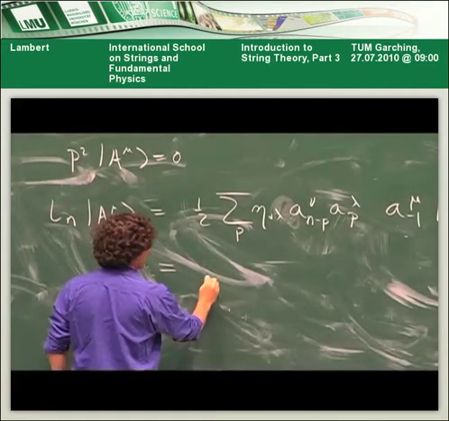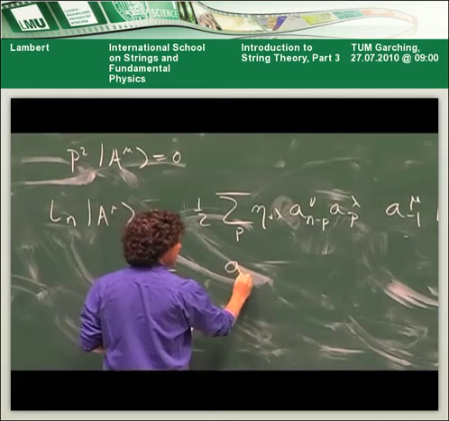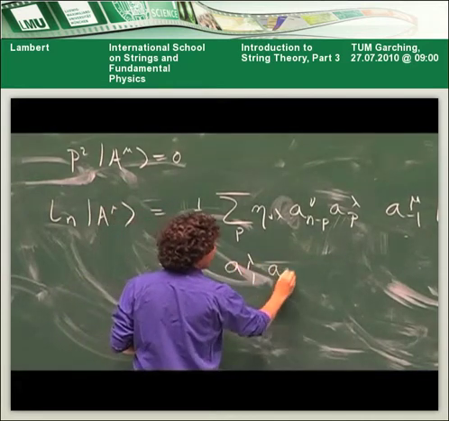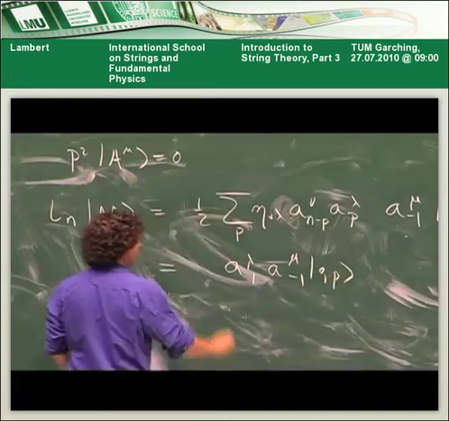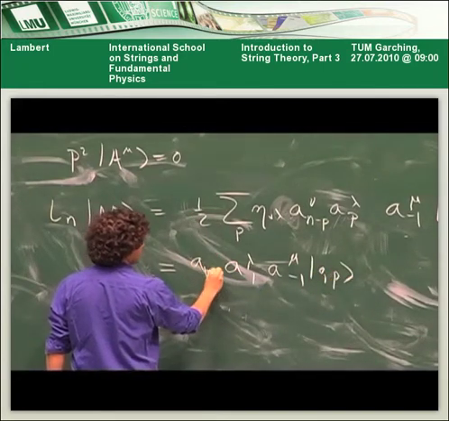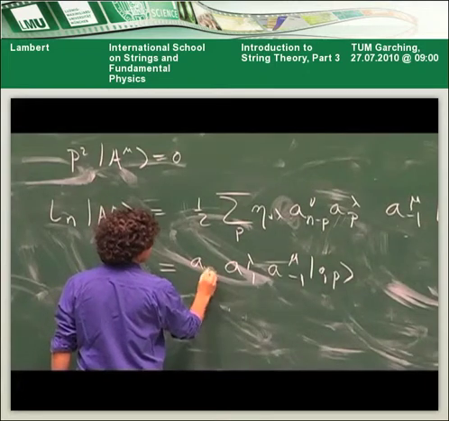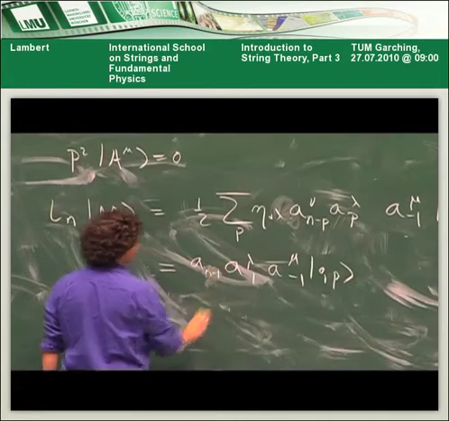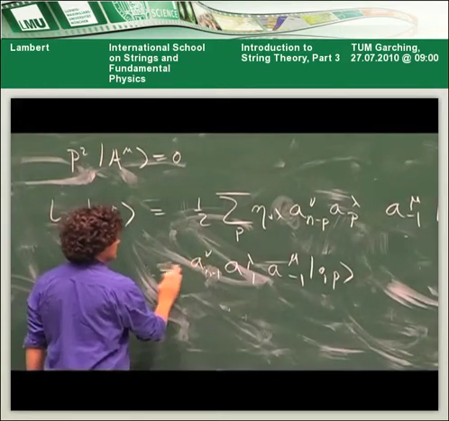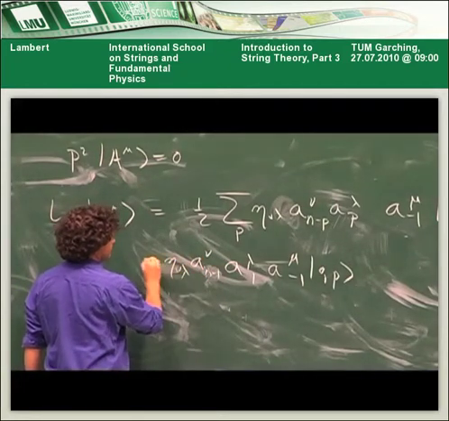you get just A_1^λ, A_{-1}^μ, |0,p>, and A_1 minus A_0, actually. P equals 1, n minus 1, ν, η_νλ.